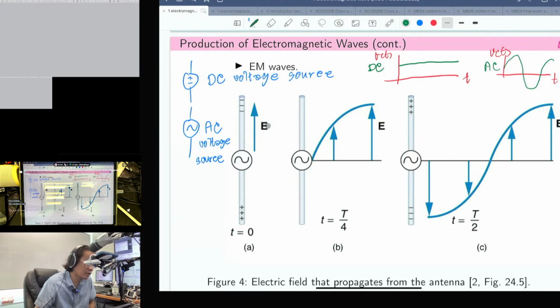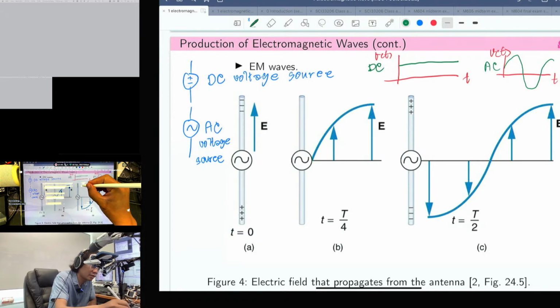So once they don't have charge, it means we also don't have an electric field, the E field. And once the time goes by, I need to write down the complete form of the actual shape of the AC.